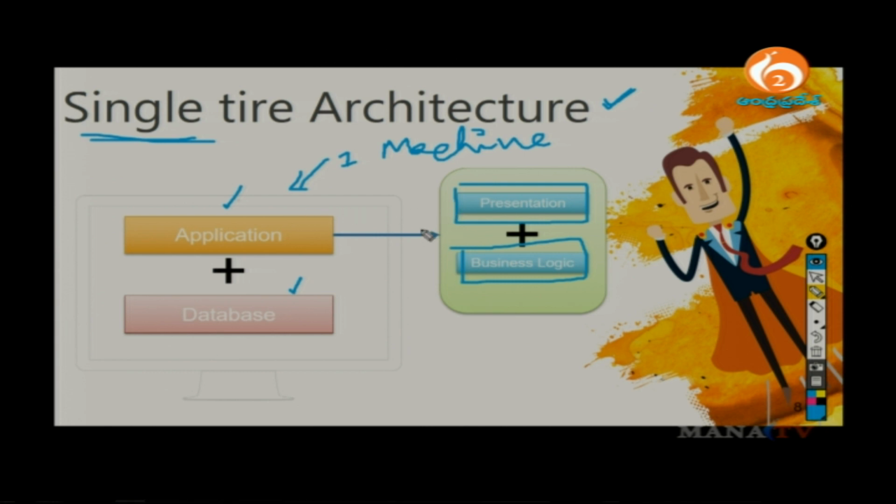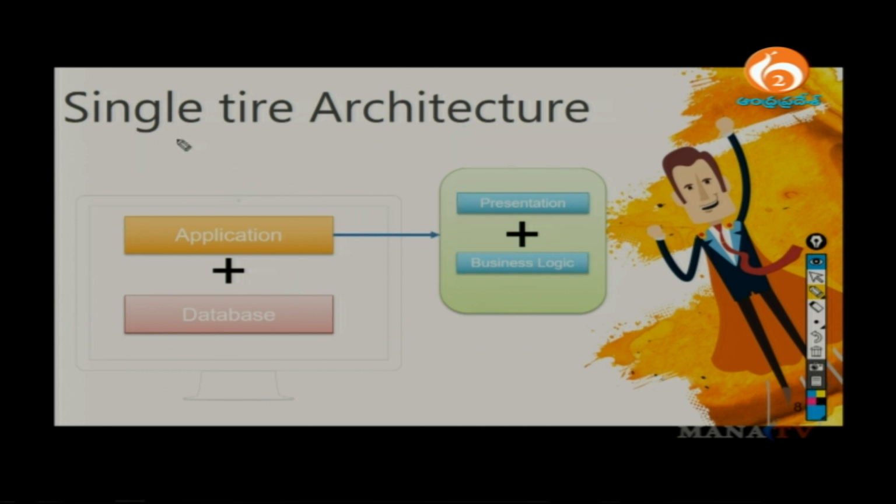The best example for a single-tier application is anything which is installed on your mobile devices. Anything you install on your mobile devices, you install different apps from the App Store, right? All of these come from there.